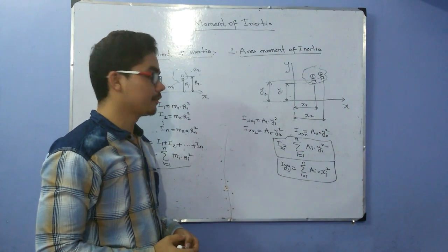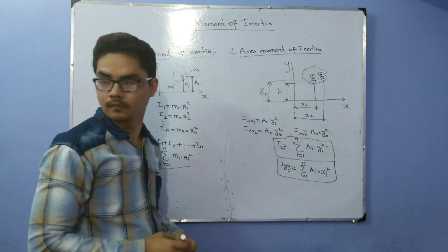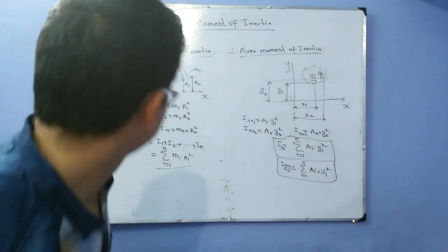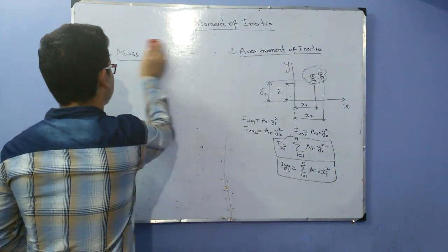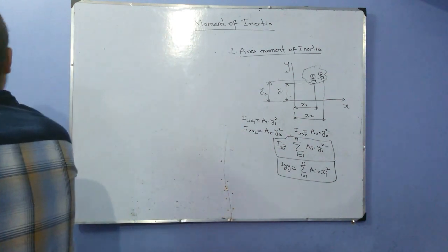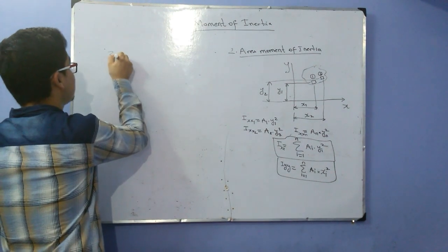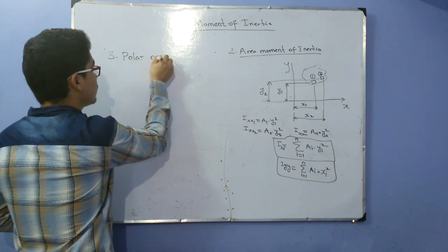The third type of moment of inertia is called the polar moment of inertia. Let me erase this part and I will explain that here. Now, polar moment of inertia, third type.